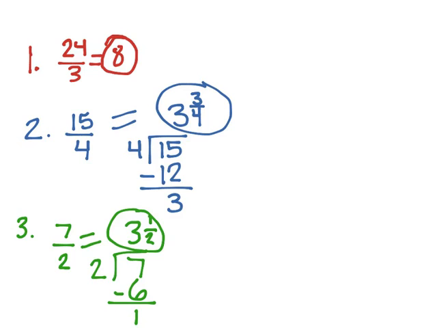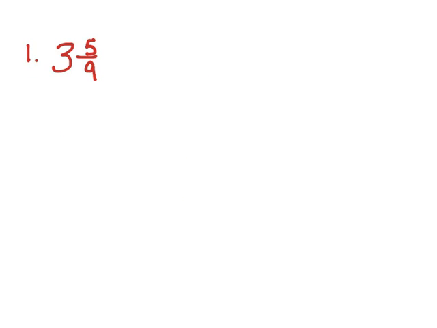So let's practice going the other way, from a mixed number to an improper fraction. All right, I think these are pretty fun. So 3 and 5/9, let's write that as an improper fraction. I think of it as a circle. You multiply and then add. So start with the 3. We're going counterclockwise. First you multiply: 3 times 9 is 27.